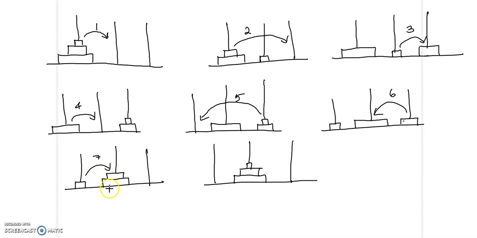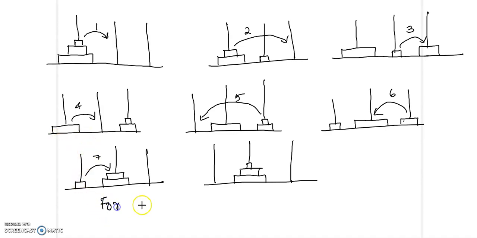So the transferring of disks to an entirely new peg can be achieved in 7 moves when you have 3 disks. So therefore, when you have 3 disks, A3 will be equal to 7.